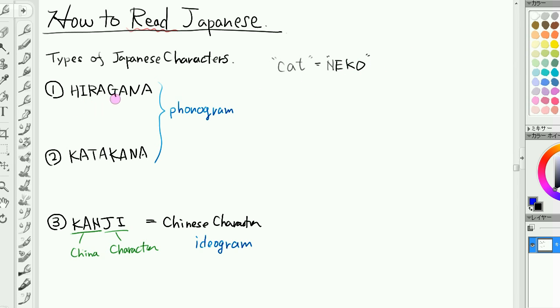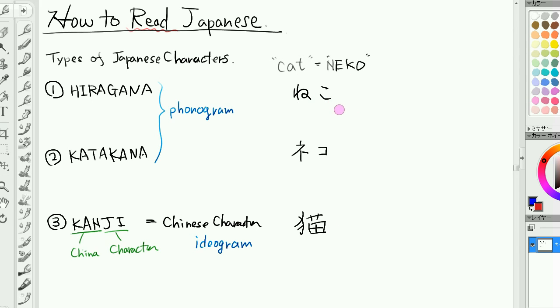First of all, let's write it in hiragana. In hiragana, we do it like that, and katakana like that, and as a Chinese character, it's one character like this. So I'm going to explain this.